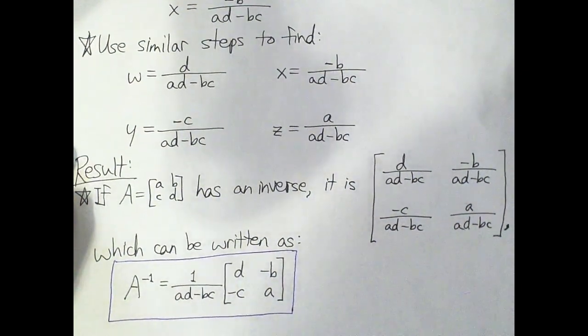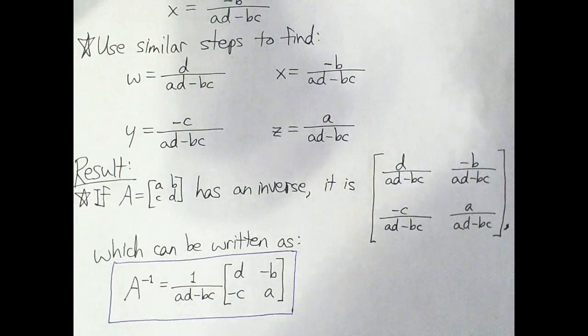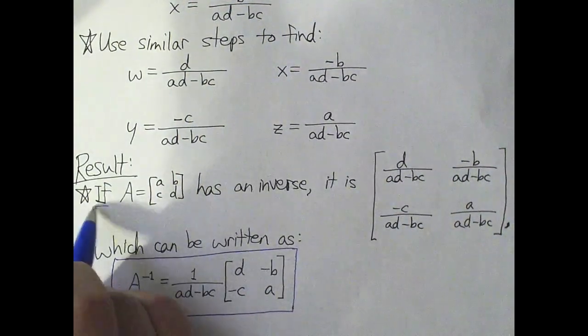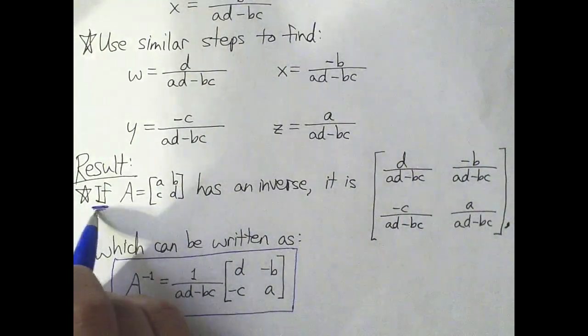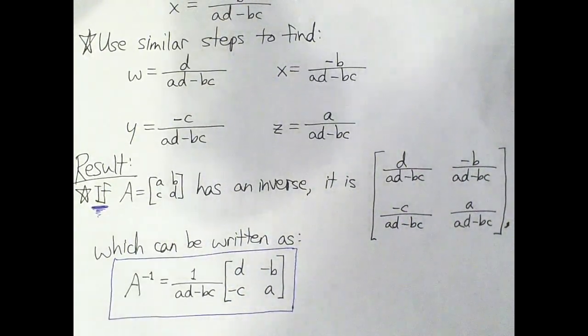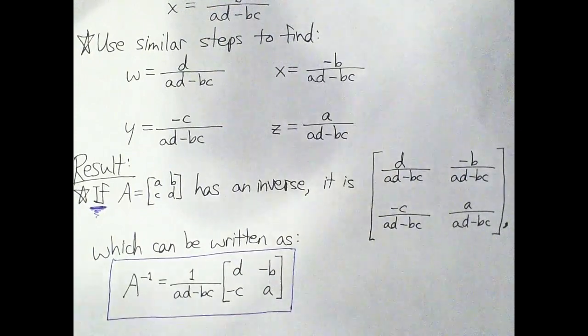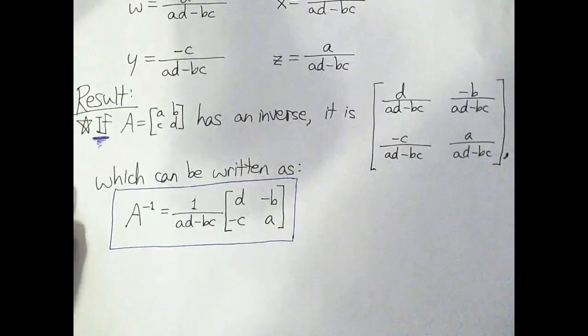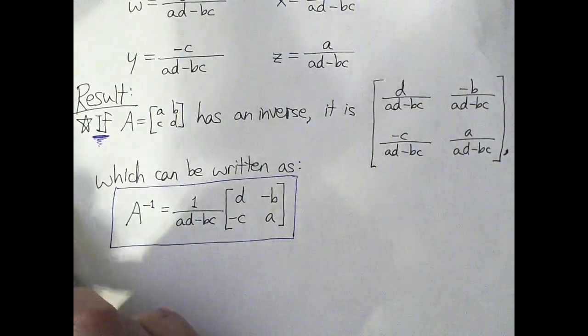There's something else in this result that I also think is important, and it's the word if. I'm going to underline the word if. Because we said not every matrix is going to be invertible. So if it's invertible, that's what the inverse is. This AD minus BC showed up in a bunch of places, and it has a special name.